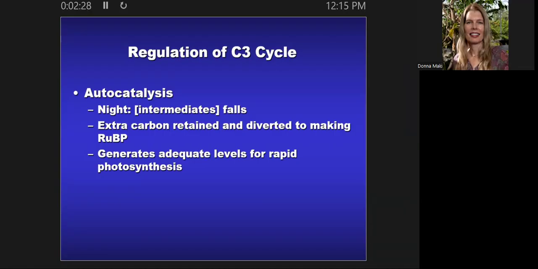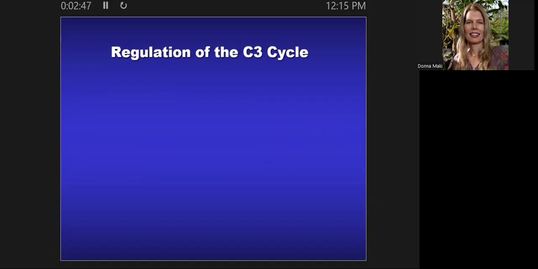So that's one example. The other idea is that when the sun goes down at night, and especially in total darkness, you certainly won't have the light reactions going on, because there's no sunlight. And you also don't have the making of sugar going on at night.